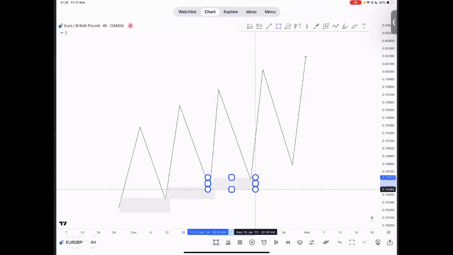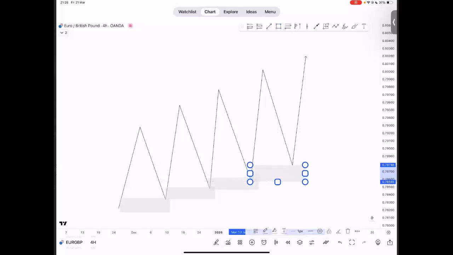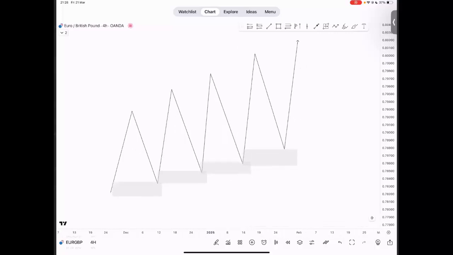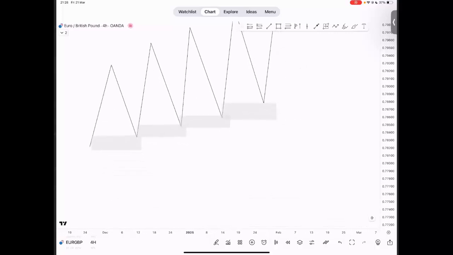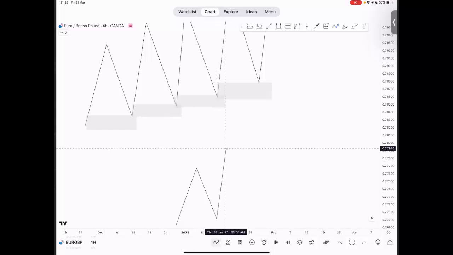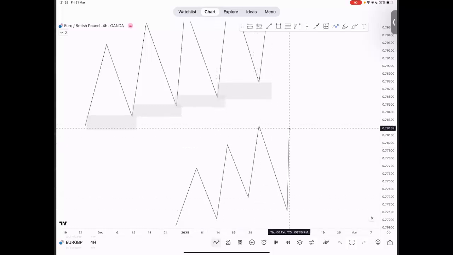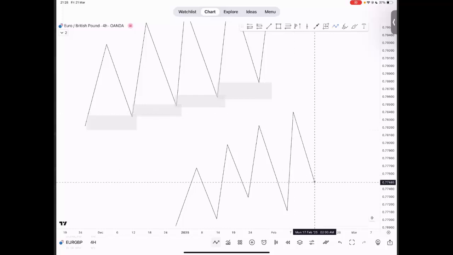So let's say something just like this, whereby price is just mitigating the next higher low, mitigating the next higher low. This is price respecting order flow. It is similar but different from something like this, whereby price is sweeping before mitigation.